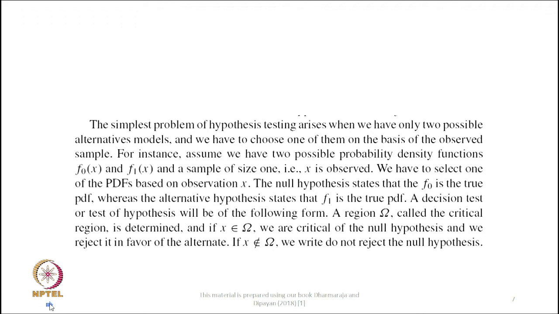There is a theory behind it. In a simple model we keep f naught of x and f1 of x. f naught is related to the null hypothesis, the probability density function obtained by setting the unknown parameter to that particular value.